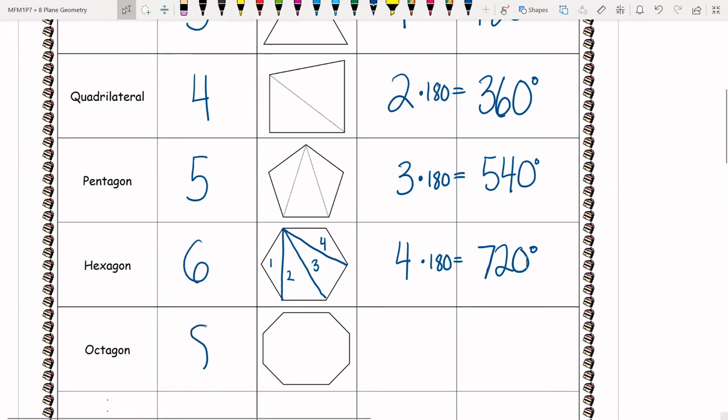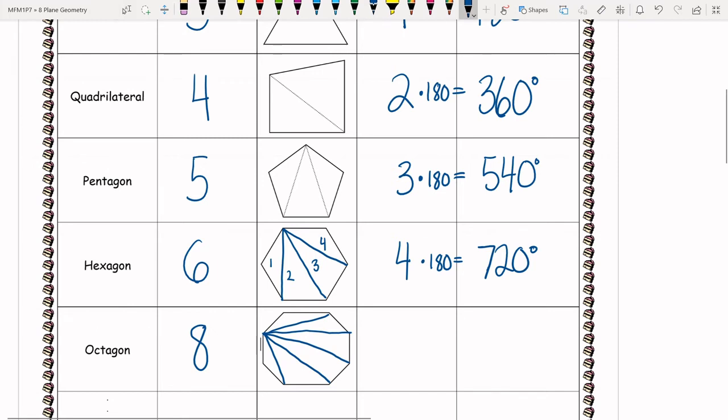We have 8 sides for our octagon. Now let's go from one vertex and connect all the other vertices so we can determine how many non-overlapping triangles we're going to have. You should be able to predict the answer to this.